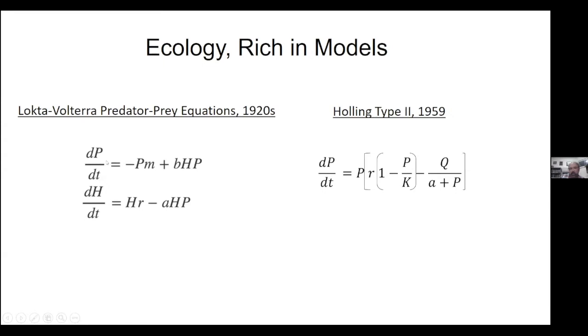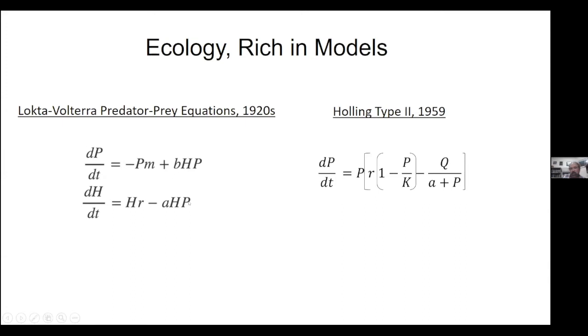For example, with the Lotka-Volterra, are you able to see my cursor when it moves okay? Okay. D, or delta, is the change in predators, and that is a change in predators over time. H is denoted as prey here. So essentially what these equations are doing is multiplying how fast they can increase, the rate of increase R, times the number of individuals.